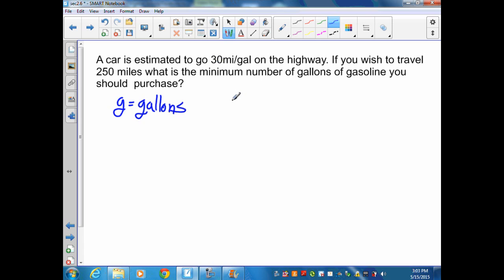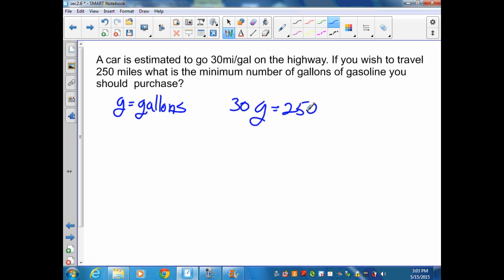So I can set up an equation of 30 times g. So if I purchase 1 gallon, 1 times 30 is 30 miles, 2 would be 60, 3 would be 90. But I need to go 250. So this purchase has to get me to a 250-mile limit, at least.